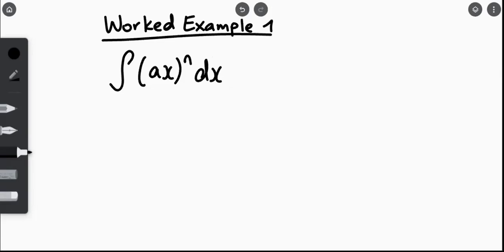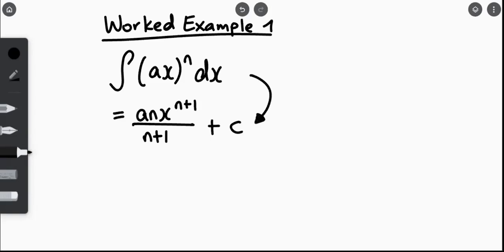How to do it is power add 1. So it will be a n x to the power n plus 1 over n plus 1 plus c. What did I do here? Firstly, a n x.